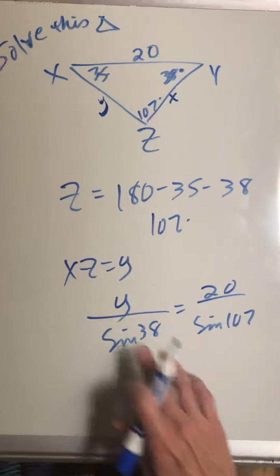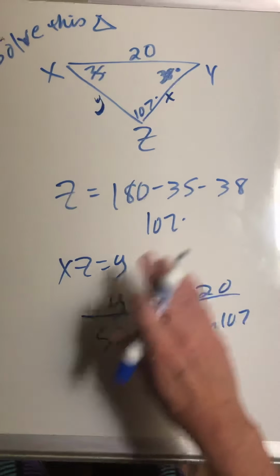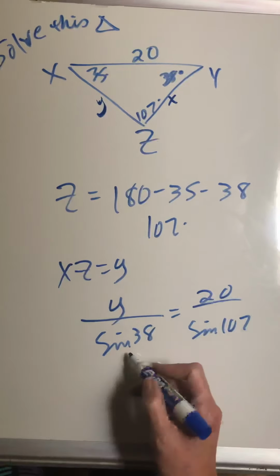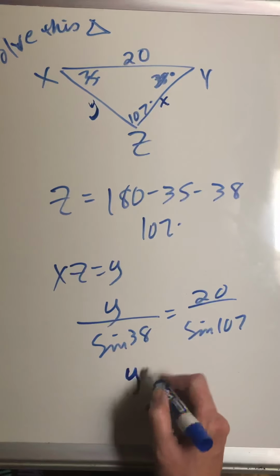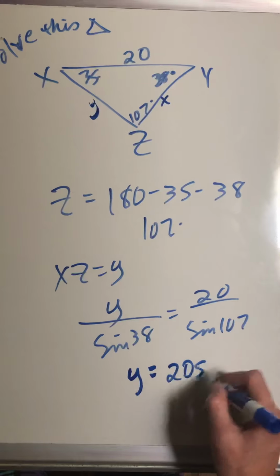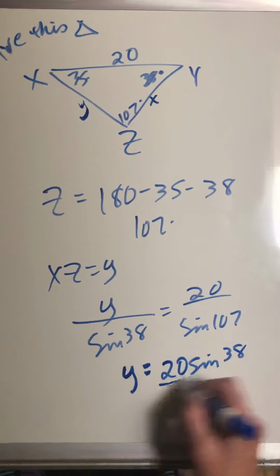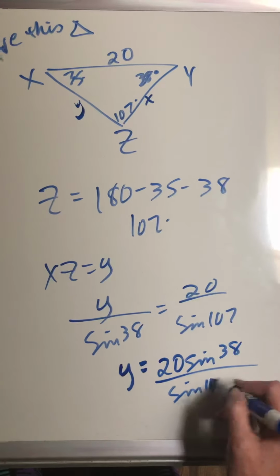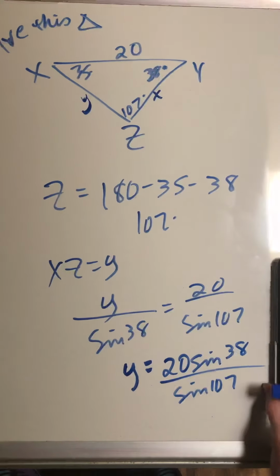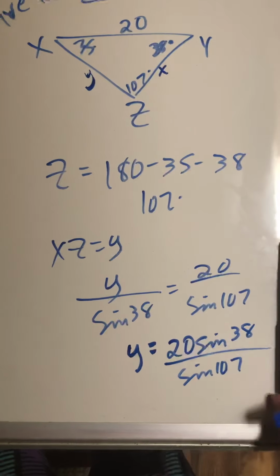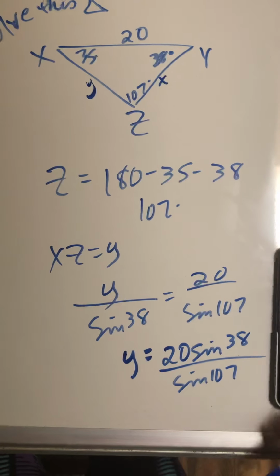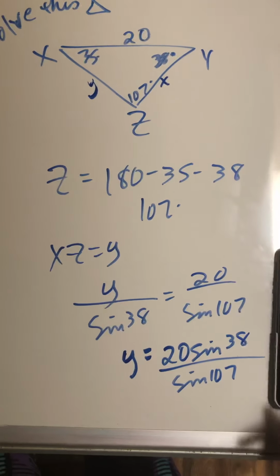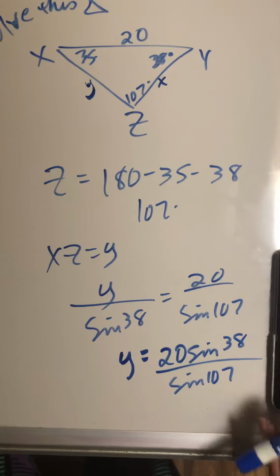Now we're going to solve this proportion. What's nice about it is there's only one move that needs to be made: sine 38 needs to come up to the 20 because you're multiplying by sine 38. So Y equals 20 sine 38 divided by sine 107. Type it in your calculator very carefully, making sure you close parentheses after the 38: 20 sine 38 close parentheses divided by sine 107.